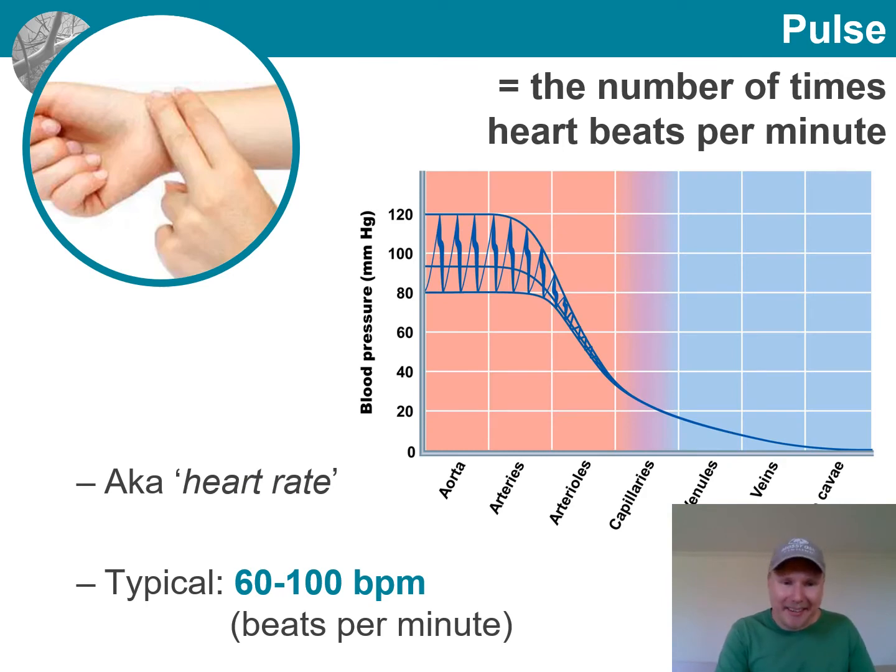So here you will see at the top line the systolic pressure, and at the bottom line the diastolic pressure. So we will notice how there is a lot of fluctuation between these closer we are to the heart, and at aorta and arteries.